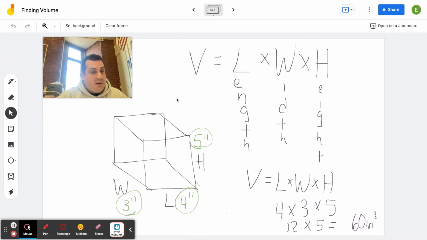Just to sum it up, when you're finding the volume, it's length times width times height. Here we just gave you a diagram, a model, and we labeled it. If this was written in a word problem, which we will go over, it's going to be written in words. We have a swimming pool, which is in the shape of a rectangular prism.